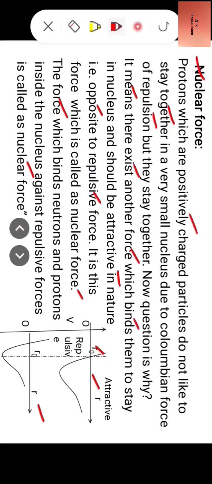R0 is the distance between two nucleons up to which they can come near. From O to R0 the repulsive force exists, and from R0 onward, from 2 to 3 Fermi from center, attractive force exists which binds these nucleons into the nucleus. Up to R0, which is the distance of closest approach, potential energy is maximum.